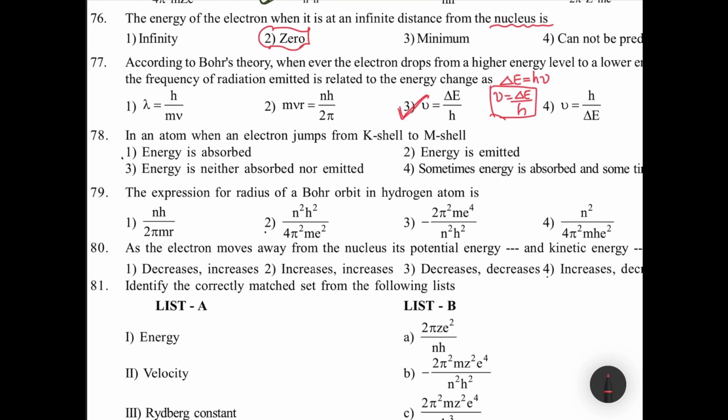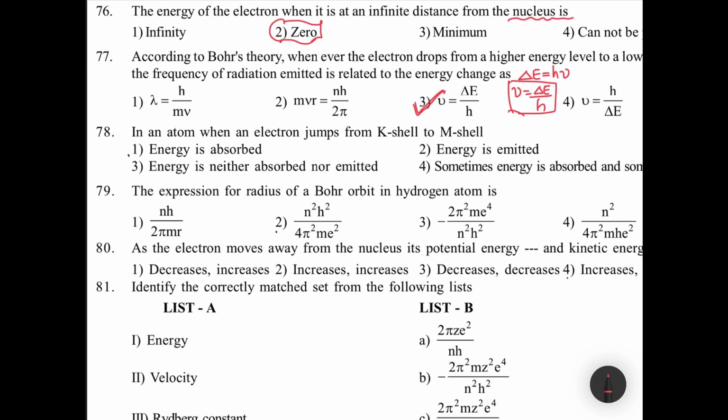In an atom, when an electron jumps from K shell to M shell, K is first shell, M is third shell. 1 to 3 means energy will be absorbed. By taking energy, it will go there. Right, Suhas?